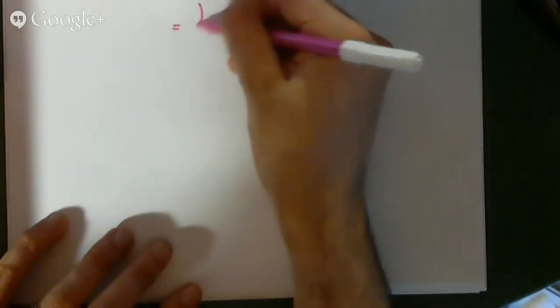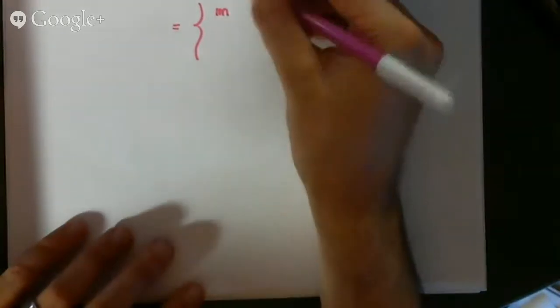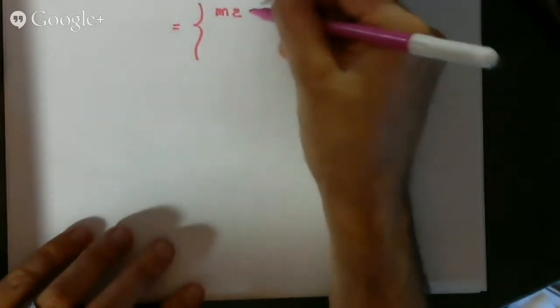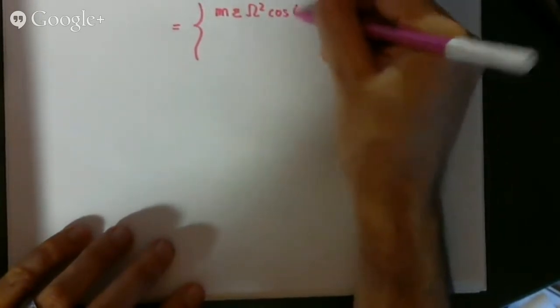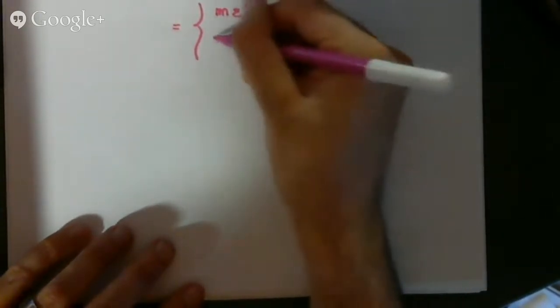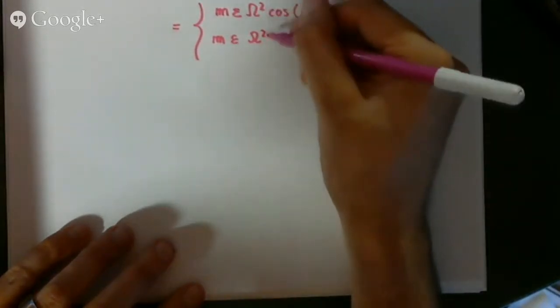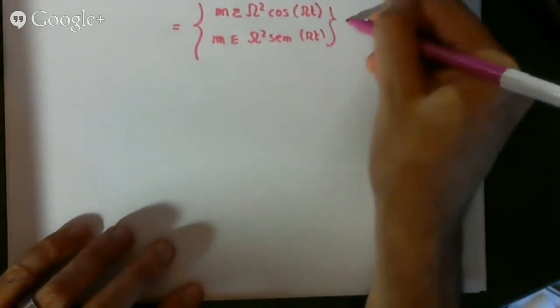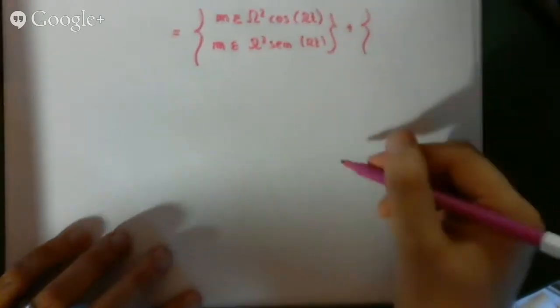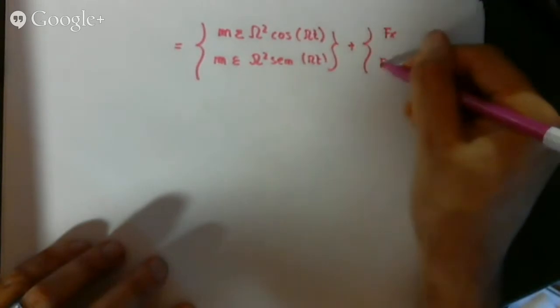The right hand side is equal to the unbalanced contribution, m epsilon omega squared cosine of omega t, m epsilon omega squared sine of omega t, and the presence of external forces fx and fy.